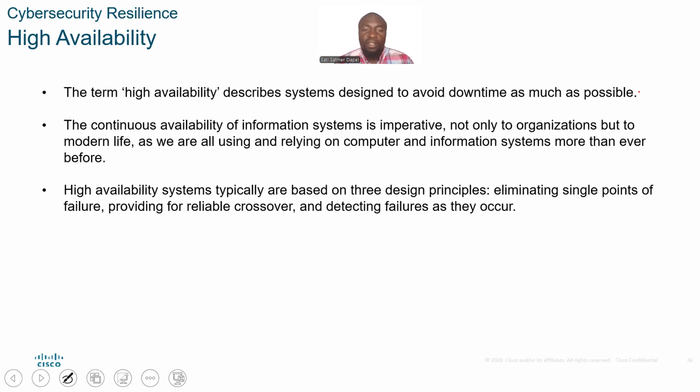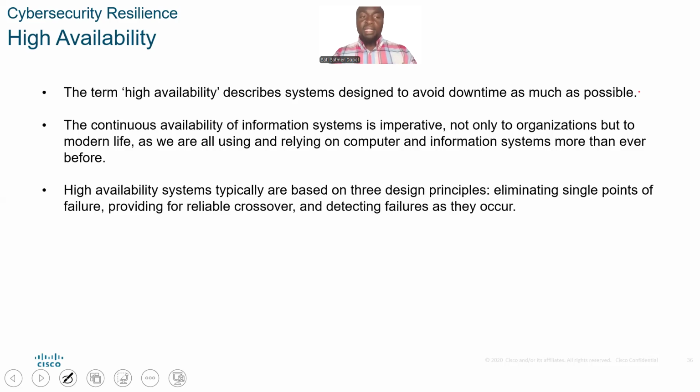The continuous availability of information systems is imperative, not only to organizations but to modern life, as we are all relying on computer and information systems more than ever before. High availability systems typically are based on three design principles: eliminating single points of failure, providing for reliable crossover, and detecting failures as they occur.